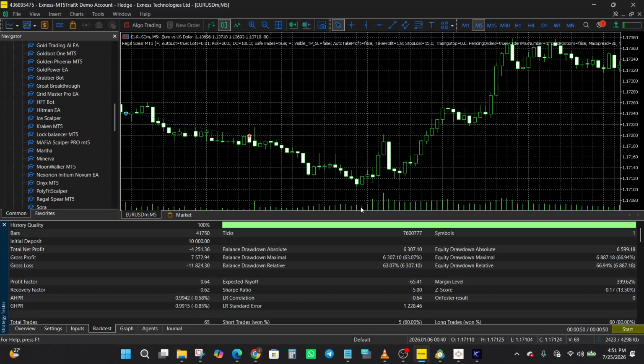A high risk percentage combined with an asymmetrical risk to reward ratio can leave an account vulnerable to sharp drawdowns during consecutive losses. So traders interested in this EA may want to conduct extensive testing using lower risk settings, conservative lot sizes, and forward demo testing before drawing final conclusions.